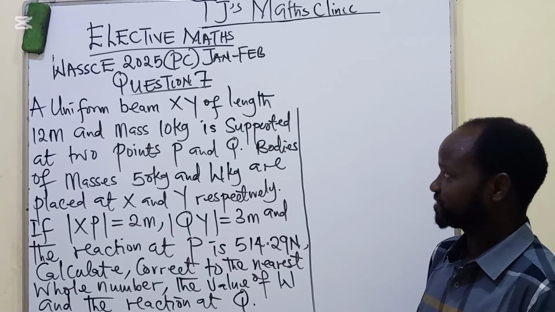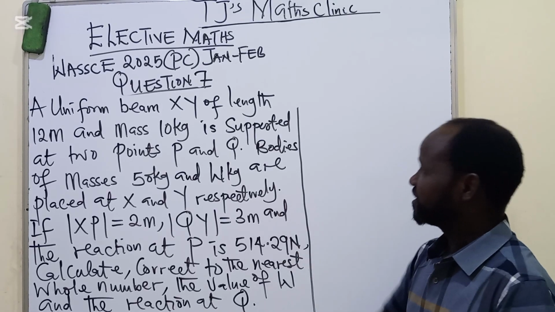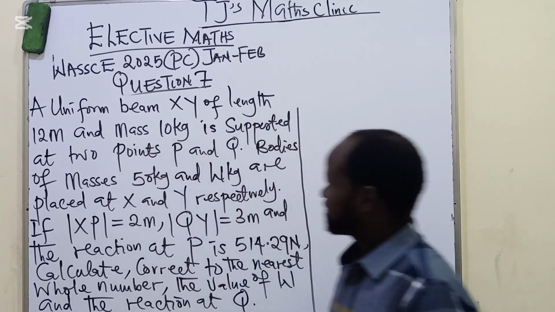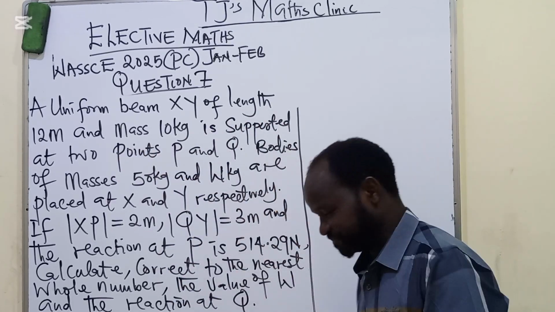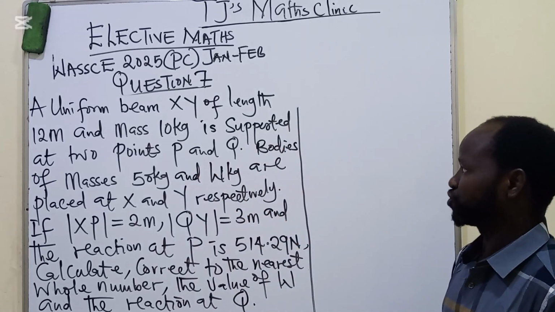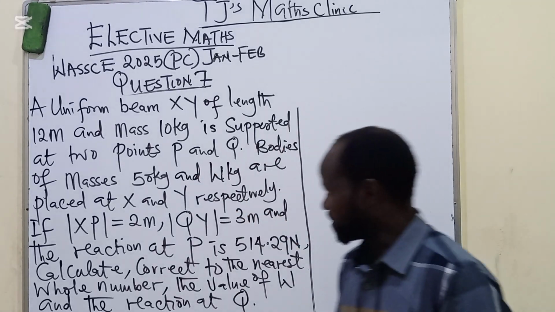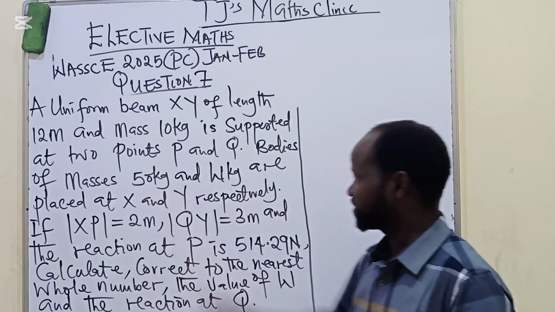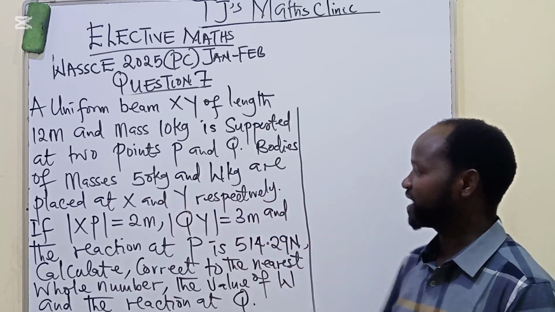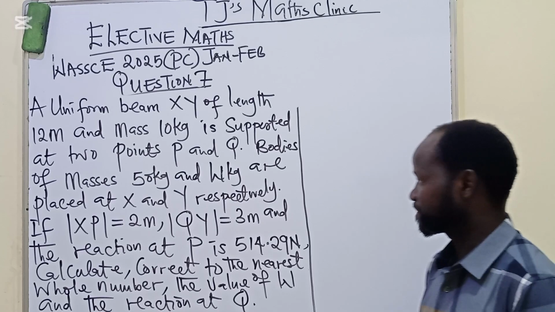Question 7 reads: a uniform beam XY of length 12 meters and mass 10 kg is supported at 2 points P and Q. Bodies of masses 50 kg and W kg are placed at X and Y respectively.